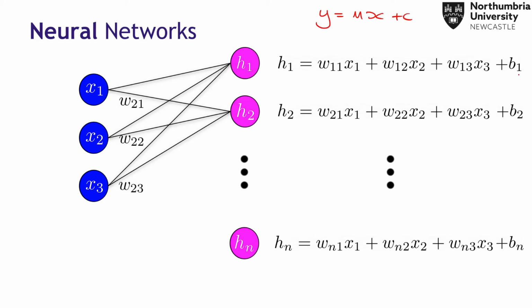So the bias terms are kind of like this additional constant that we're adding on the end. The key thing to remember is that the bias term applies to each node in the hidden vector rather than each connection within that vector.